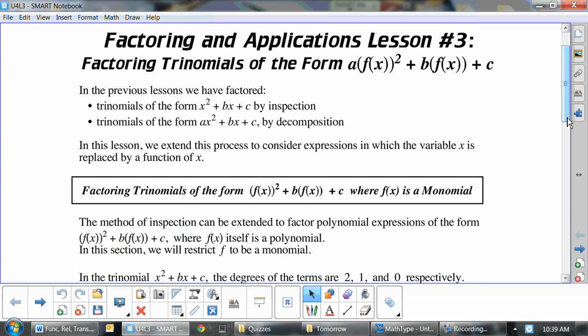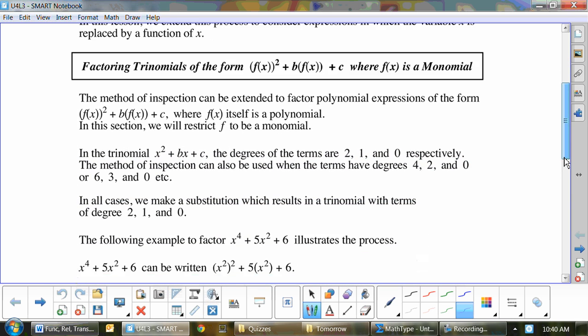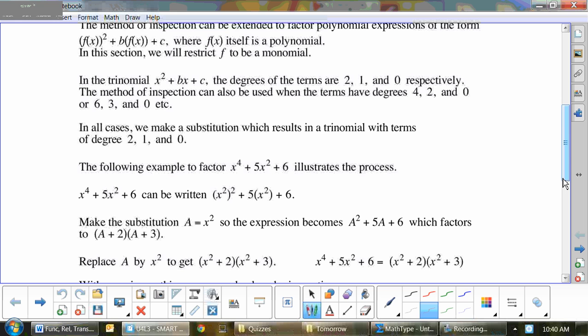Now, what we are looking at today is a little bit different, and the title is not going to give that away too much because the title kind of looks complicated. You can see this isn't the x squared and constant that we've been doing before. It's x to the 4 plus 5x to the 2 plus 6. But you can rewrite this as this.